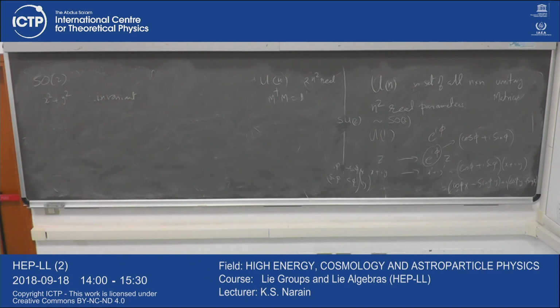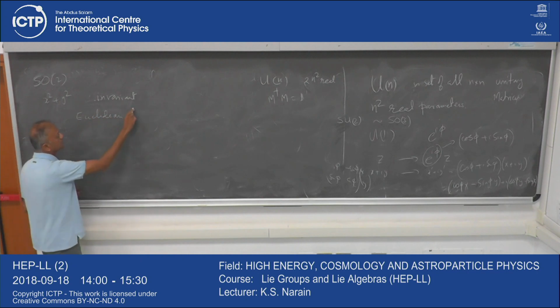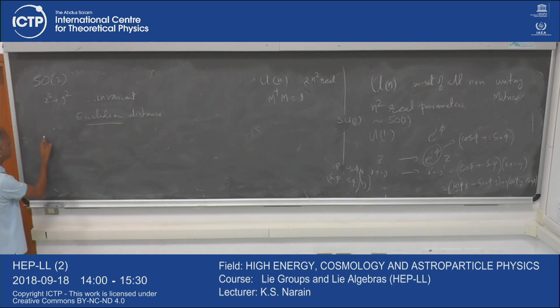But what if, instead of considering a Euclidean space, a Euclidean distance, we go to the Minkowski case? Say one of them is time and the other is space, then there's a relative minus sign, so the length squared will be x squared minus y squared. I want to consider the group of all transformations which preserves this length.